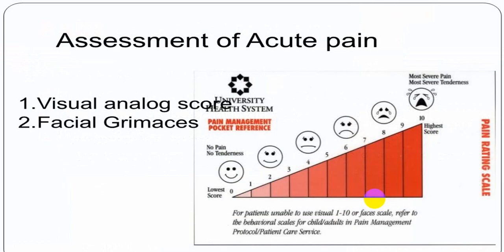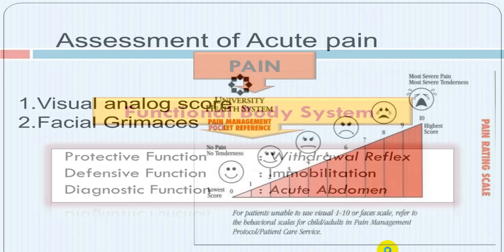For assessment of acute pain there are 2 things which are very commonly utilized: visual analog score and facial grimaces. You can utilize any one of these. The visual analog score is the most common, and you put the score from 0 to 10. Accordingly you can classify the severity as mild, moderate, and severe.